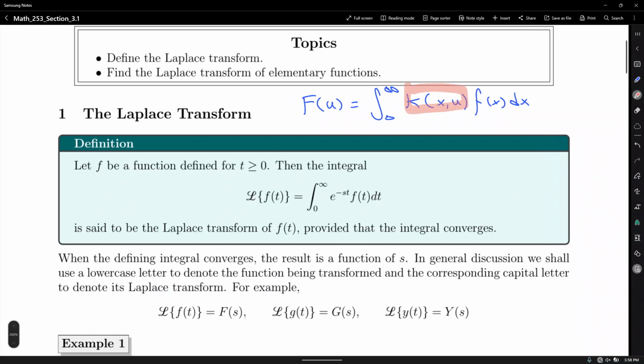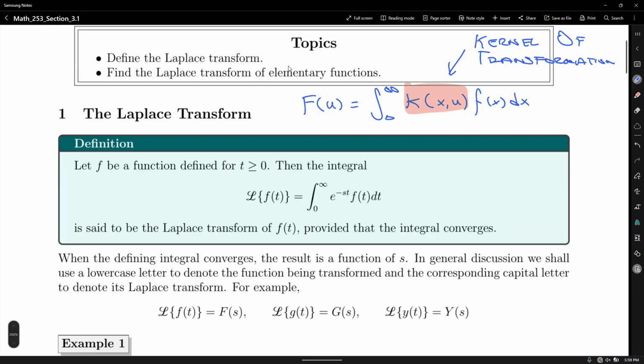So this k of xu is what we call the kernel of the transformation. In linear algebra, the kernel is actually the set of all vectors that map to the zero vector in the codomain of a transformation.